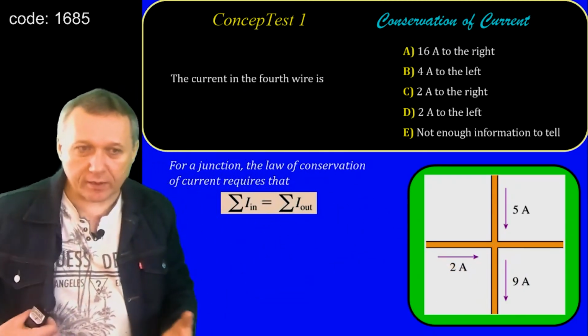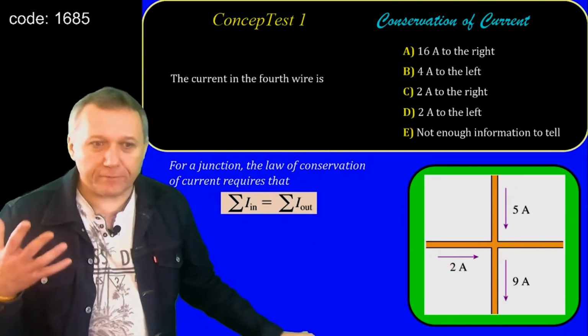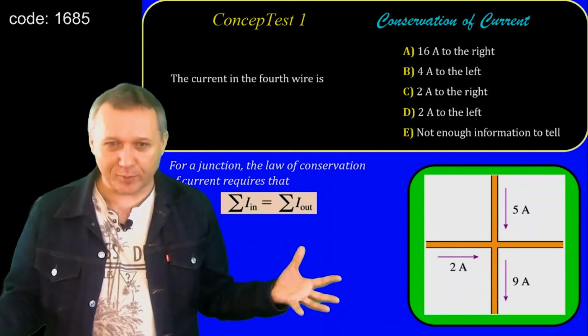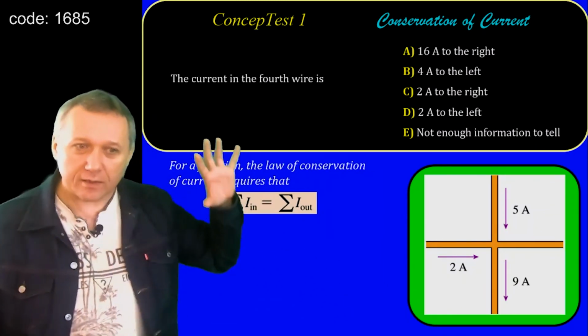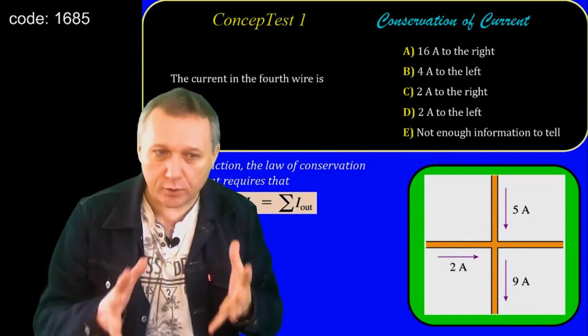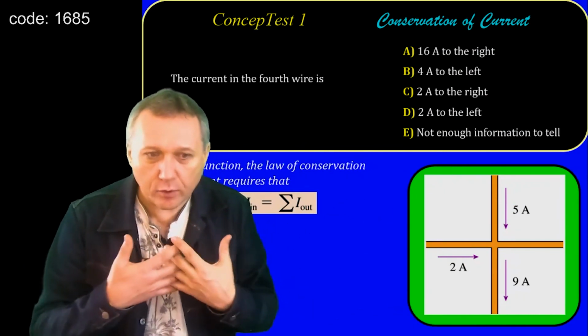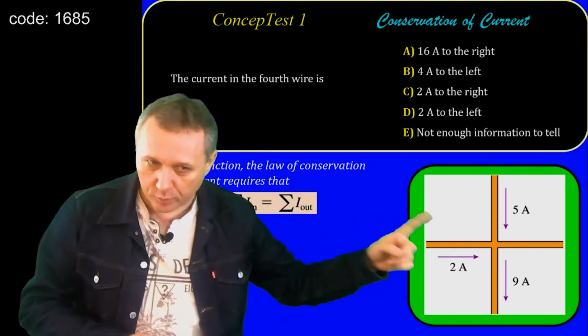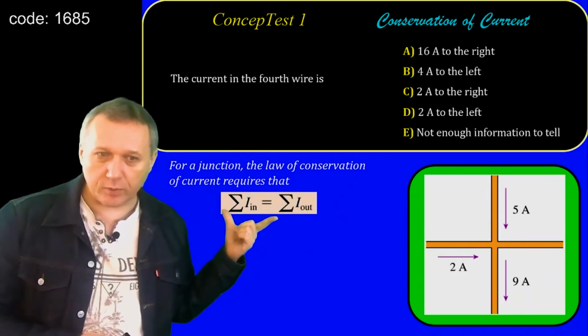Why can we assume it? Because we have 50% chances of getting it right. It's a gigantic probability. It's either to the left or to the right. Let's assume a certain direction. Of course, I don't know if my assumption is going to be right or wrong. But if I assume a direction, I can write this equation properly.